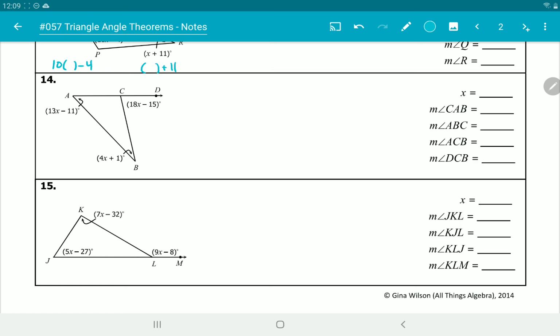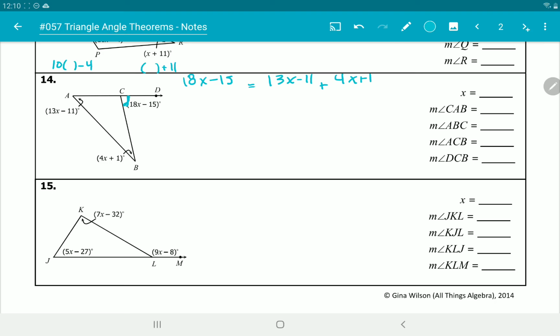Okay, now if we look at number 14, we remember that the outside is equal to the two insides added together. Okay, so the outside here is this 18x minus 15. Then the inside ones are this 13x minus 11 and 4x plus 1. So the outside is equal to the inside ones added together.